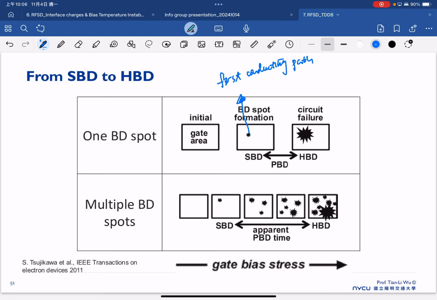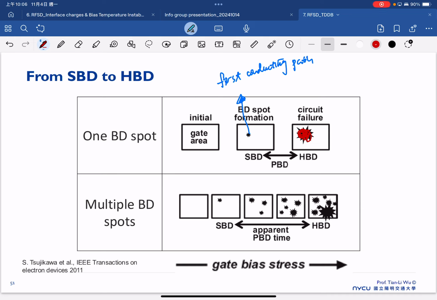As long as the time is long enough, the defects get more and more inside this conducting path. In the end, this conducting path is enough to allow all the current to flow, and this will be the spot where our dielectric fails.